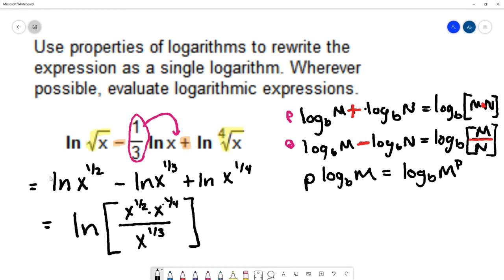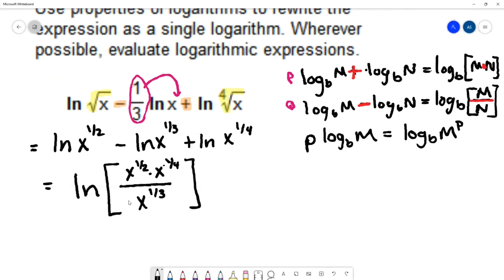This log is positive, and this log is positive. So that's why the x to the 1/2 and the x to the 1/4 went in the numerator. This log is negative. That's using the quotient rule. So the x to the 1/3 went in the denominator.